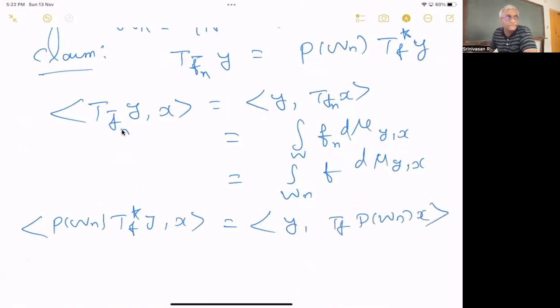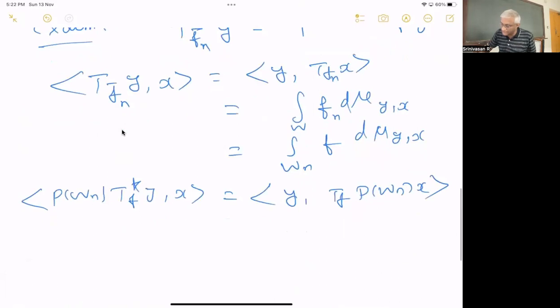This makes sense, and remember that we have already done this. For any x, if you hit it by P of omega n, where omega n is given by that, which we went through when we proved that D f is dense in the whole of H, we used this. For any x in the range of P of omega n, that is in the domain of D f.